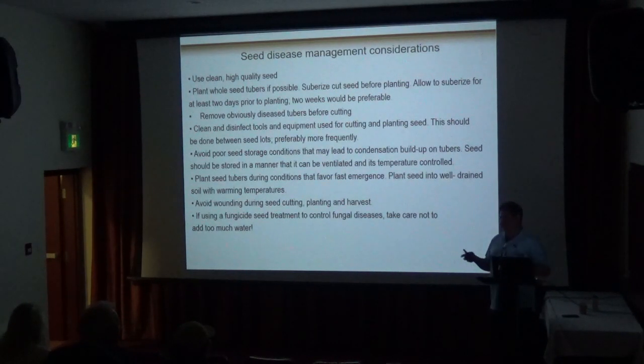Because we're still based around cutting in North America for the most part, we do have to deal with that wound from a disease perspective. But I think in Ryan's talk, after mine, he'll talk a little bit maybe about a bit of a hybrid approach between cutting and whole seed that might be helpful. And I won't steal his thunder, so I'll let him talk a little bit more about that. But certainly that's an issue that we have to deal with.